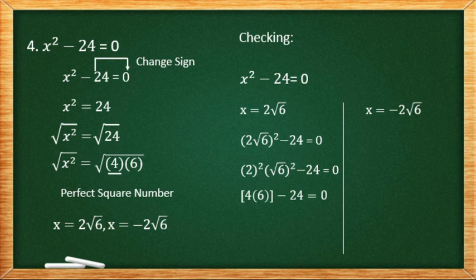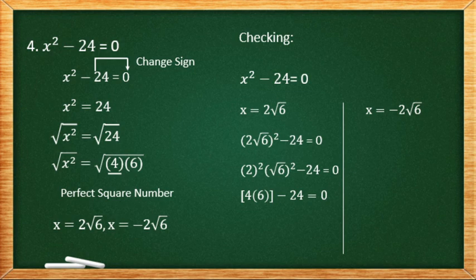So, mangyayari, magiging 4 times 6, kasi makakancel mo lang yung radical sign sa exponent ng 2. Why? The radical sign is equivalent to the exponent of 1 half. So, 1 half times 2 is equal to 1. That's why ang naiiwan 6. Or in short, pwede mo nga lang cancel yung radical sign sa yung 2, or just copy the number inside the radical sign.